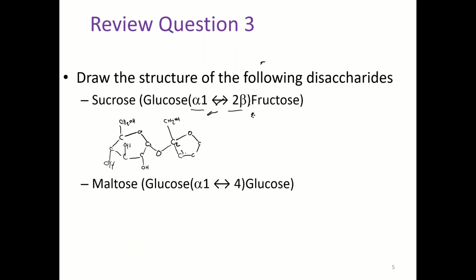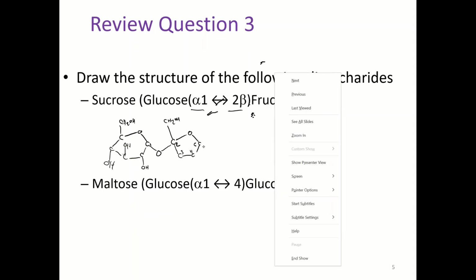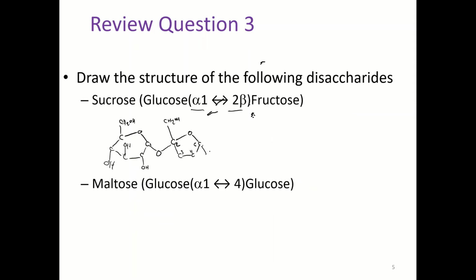So this would be carbon 3, carbon 4, 5. When we rotate that, carbon 6 again is going to be facing down, so our CH2OH group is going to be facing down.